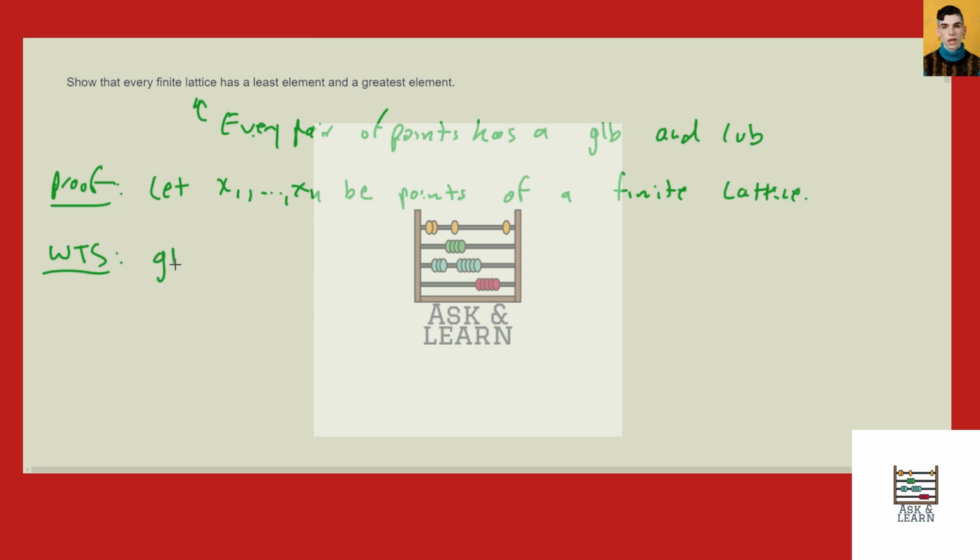We want to show that the greatest lower bound of x1 all the way up to xn is equal to g, and g is just some element among x1 up to xn. And likewise, we want to show that the least upper bound of x1 all the way up to xn is equal to L, which is also just one of our points here. Okay.